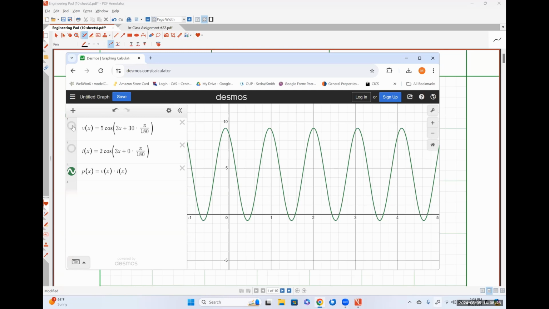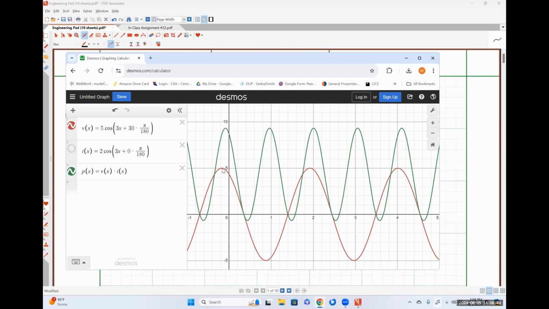Another thing, and this is going to require me to turn on one of the other signals. Let's just do the voltage signal for what it's worth. Notice that for every time my voltage signal repeats itself once, my power signal repeats itself twice.